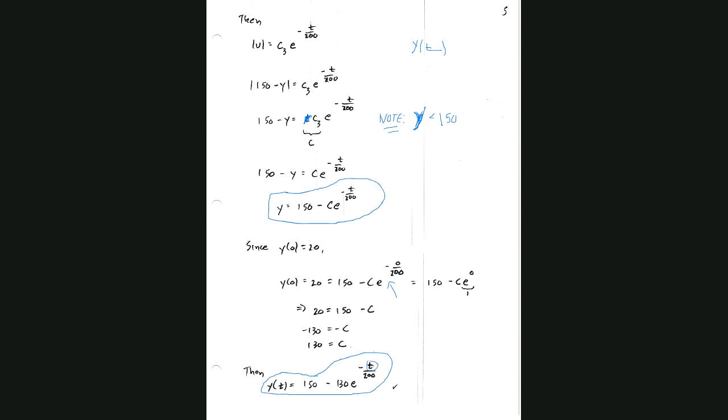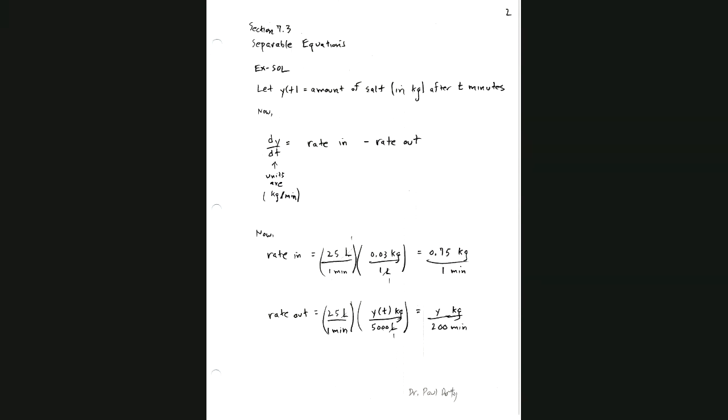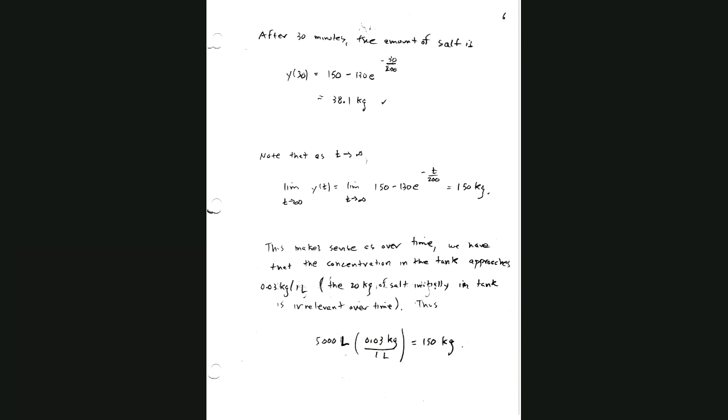That's right, John. We're going to put in 30, because remember our units. y of t is the amount of salt in the tank after t minutes. So we have to convert the half hour into 30 minutes. And if we do that, we're going to get 38.1 kilograms.